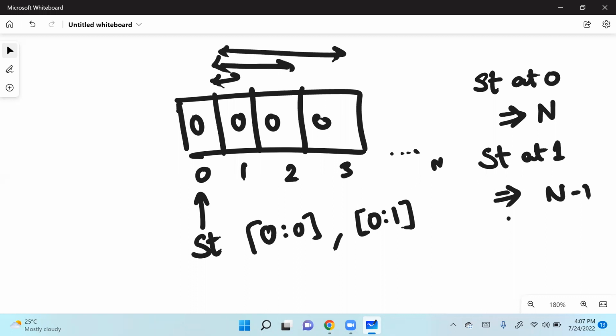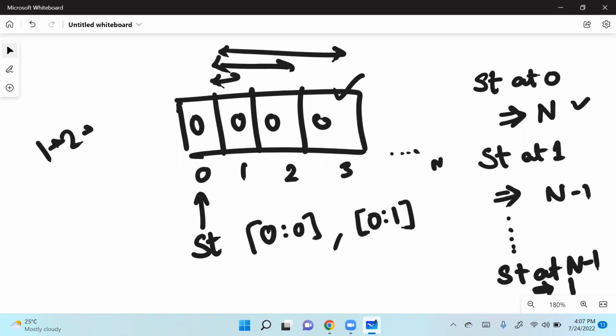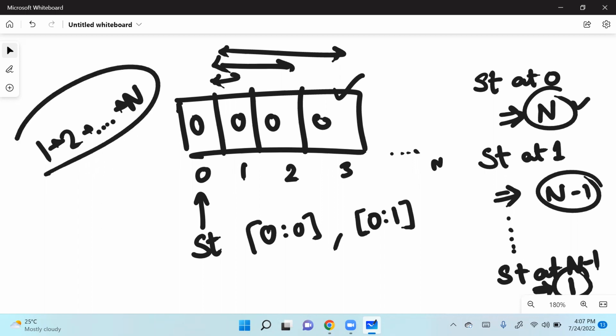So n minus 1. And same way, if you start at the last index, index n minus 1, how many subarrays will you find? Only 1. And you have to count them all. So it is just about 1 plus 2 plus all up to n, sorry, not n minus 1. So we just had to return the count.